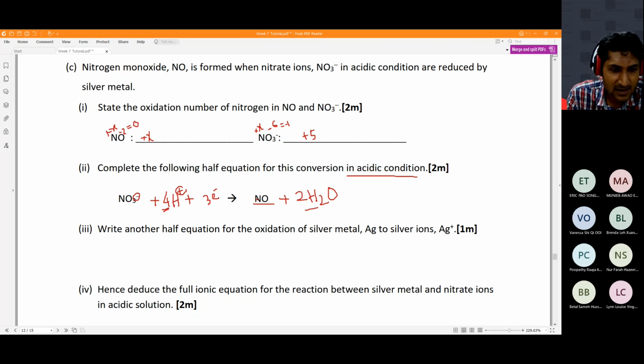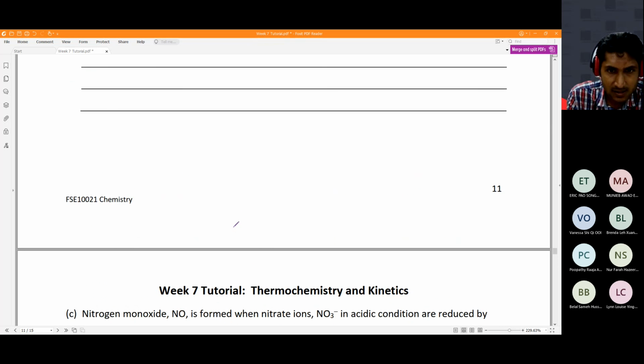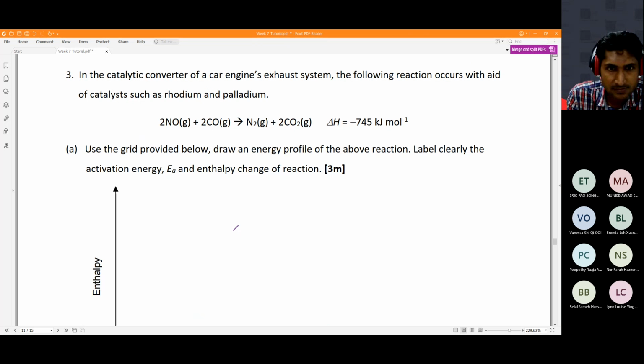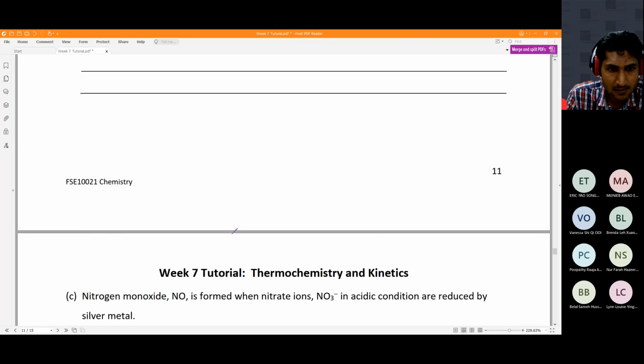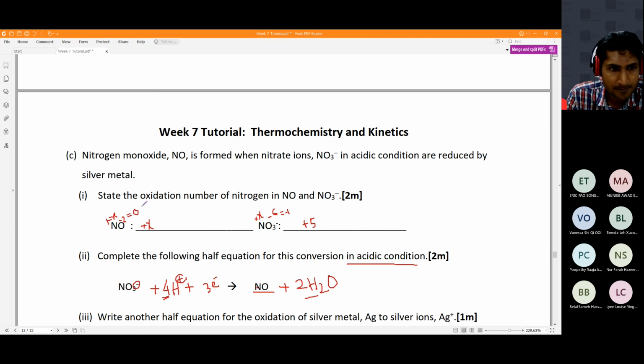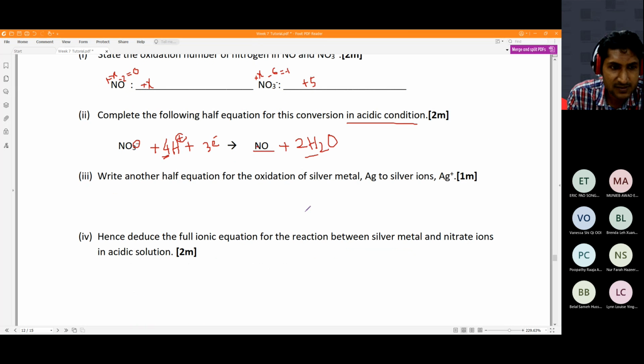It says write another half of the reaction. Another half of the reaction is the silver. I think it is given here, right? Silver metal will be produced, but silver is metal, so it is easy for silver to give up electron. That electron is actually coming from there.